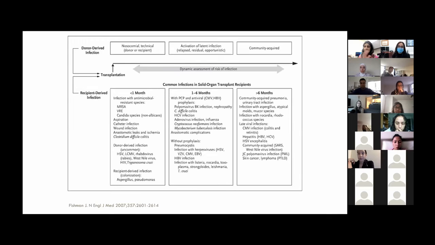And sometimes you may not see the Avycaz come up immediately, and that's because it may be suppressed. If it is suppressed by the lab, you can call your ID fellow or your ID consultant, and they can quickly find out for you if the Avycaz is susceptible or not.